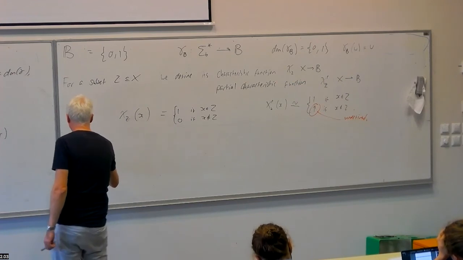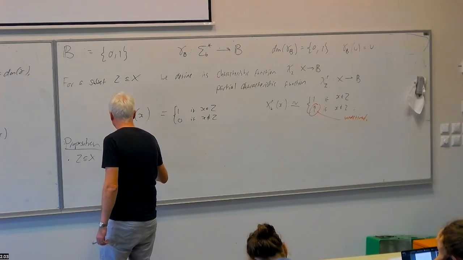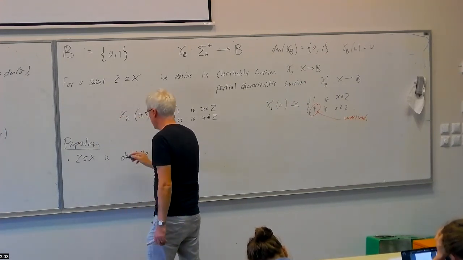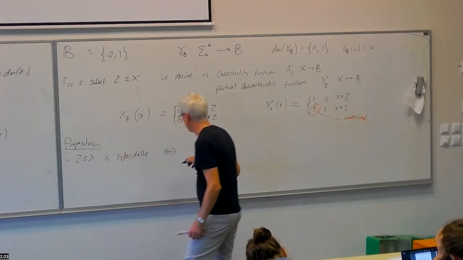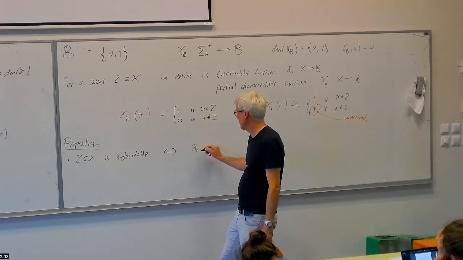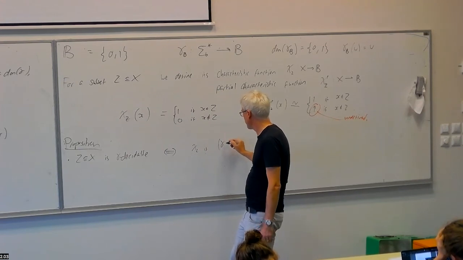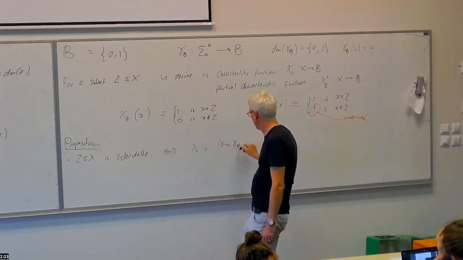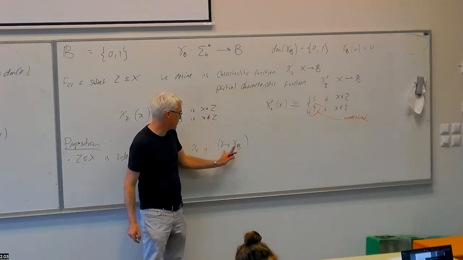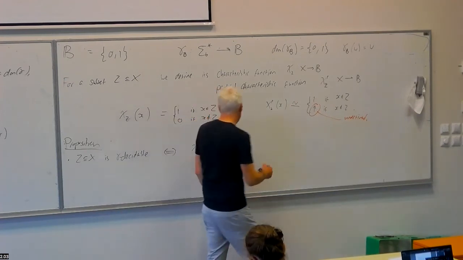The first one is that a subset Z of X is gamma decidable if and only if its characteristic function is computable, which means gamma computable, with respect to the representation gamma of X to the obvious representation of bits.